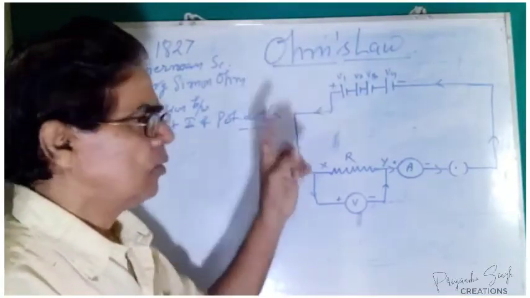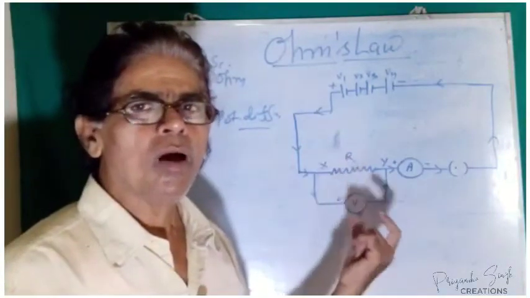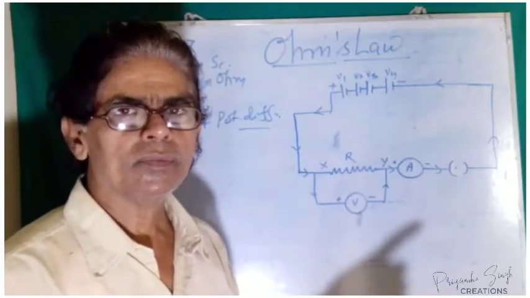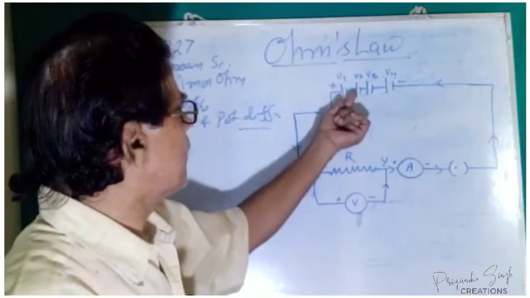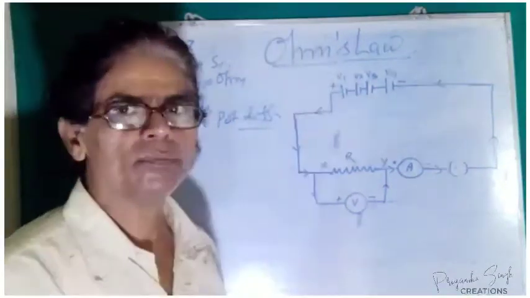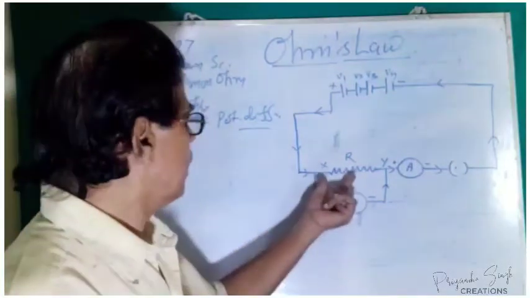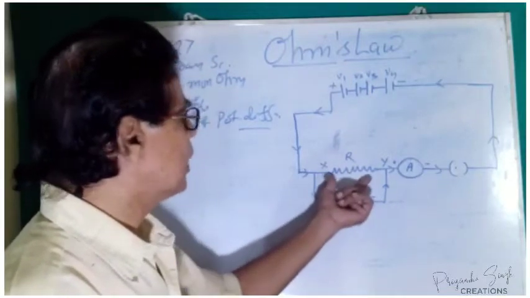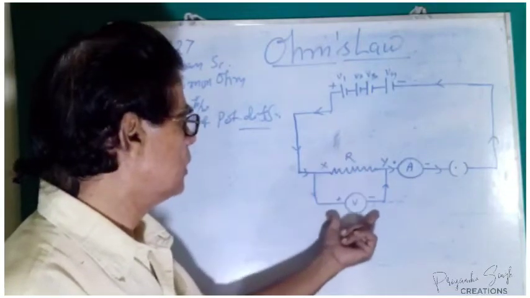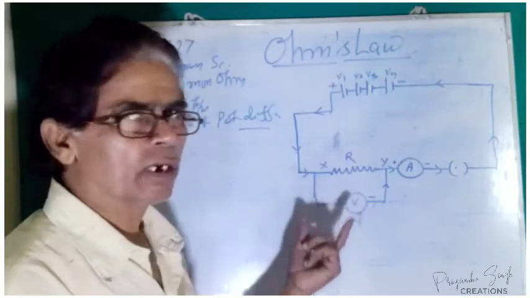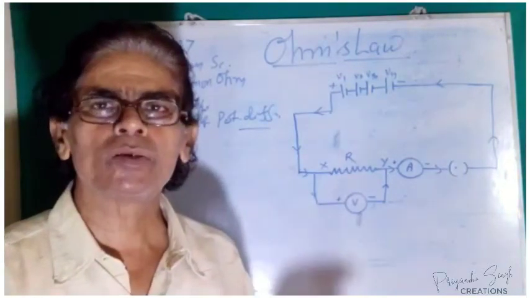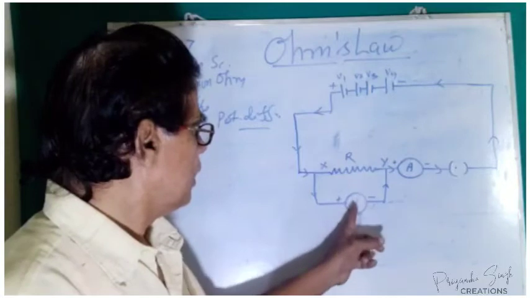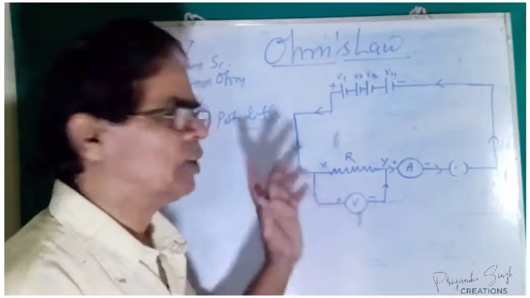First of all, he observed using a single cell. Let the potential difference of the single cell be V1, and the potential difference across the resistor R is measured using a voltmeter connected between the two terminals of the resistor R. V is nothing but the voltmeter.